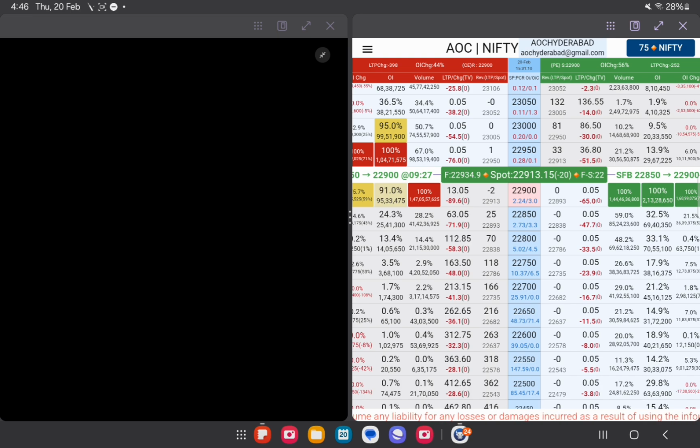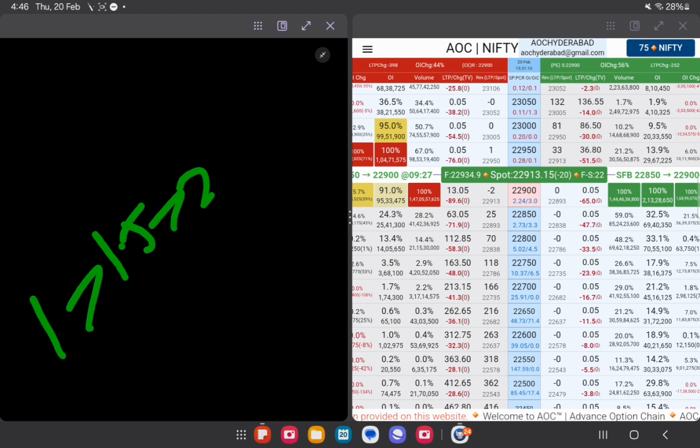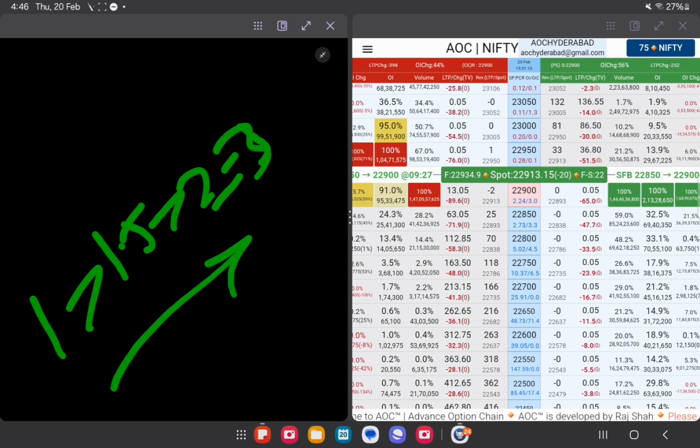If the PCR is steadily rising during the day along with Nifty spot, also consider it bullishness. Suppose in the morning it starts at 1 and keeps increasing to 1.5, then 2, it means the market is in an uptrend. Wherever a dip comes, we'll try to enter the market.